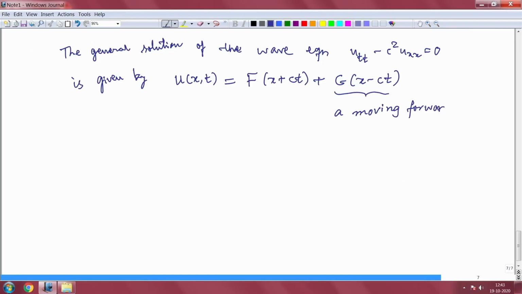So, you can yourself take some simple function and try to draw these functions for different values of c and observe this phenomena moving forward, and this is moving backward.